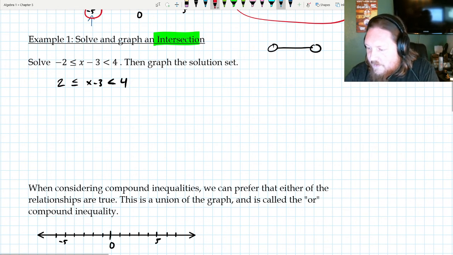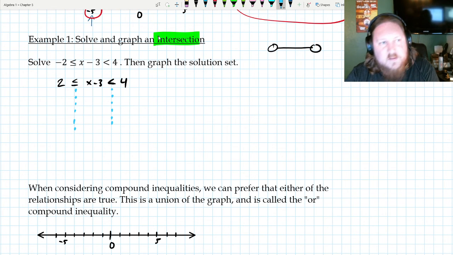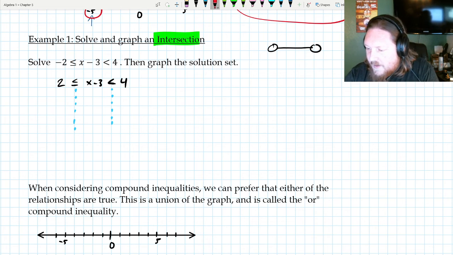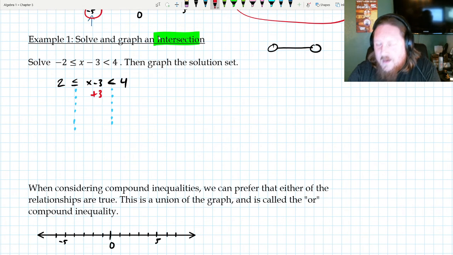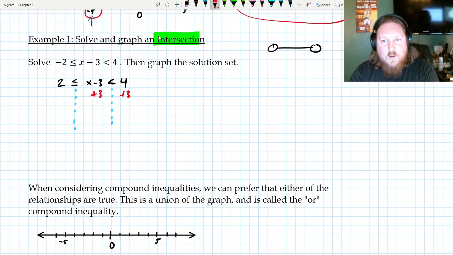But the interesting thing that's happened here is there's basically two inequalities happening at the same time. So if I add 3 to make the x isolated and all by itself, I have to add 3 to the right side of the compound inequality and to the left side of the compound inequality.